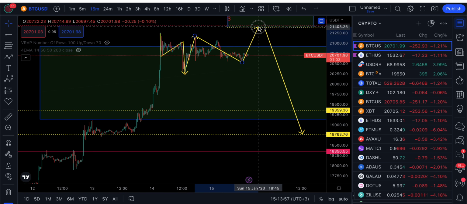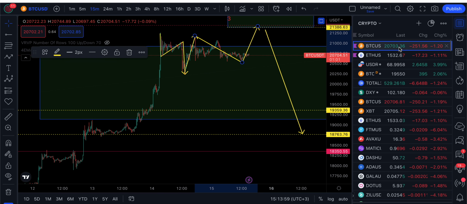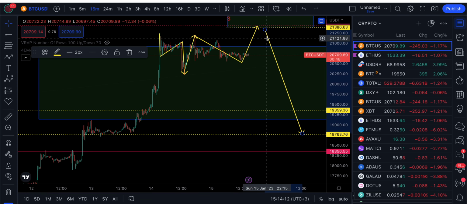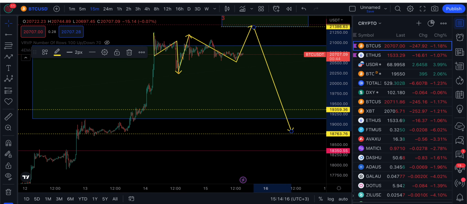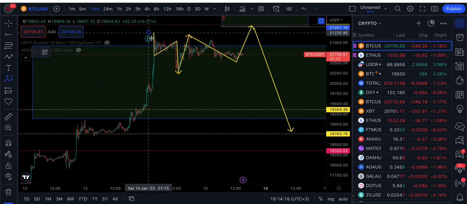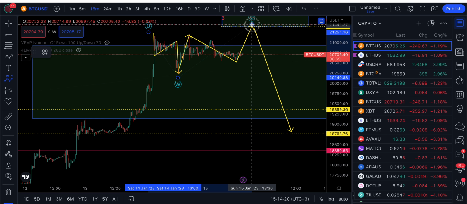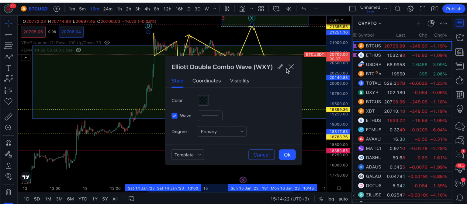And from there, when DXY hits the target, BTC will start dropping while DXY starts going up because they're inversely correlated. So this is what I'm expecting, which will make a structure like, let's say W, X, and Y, something like this.